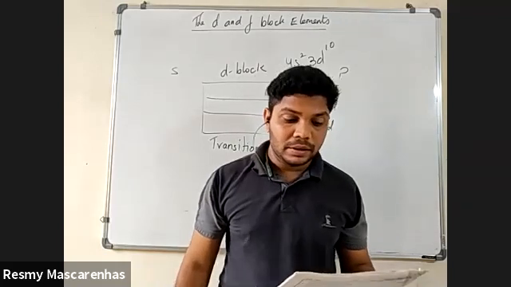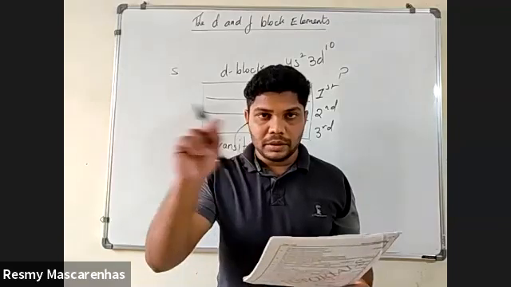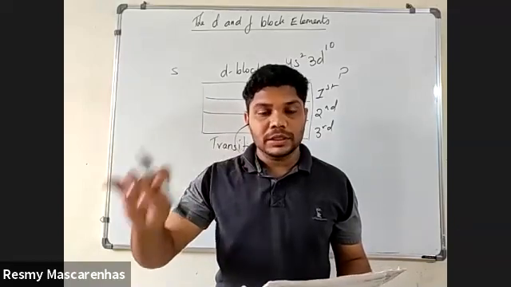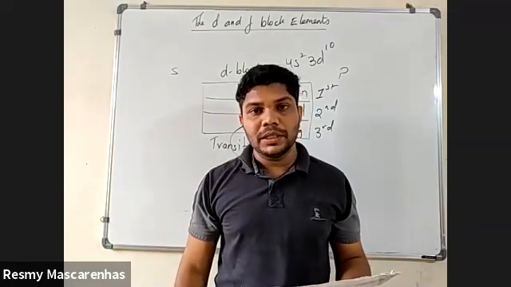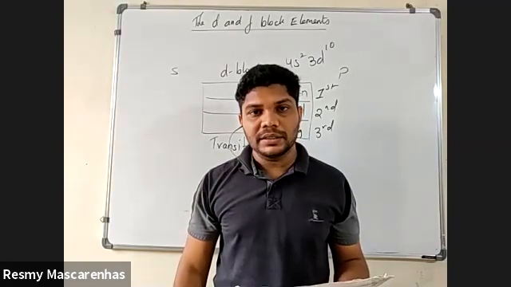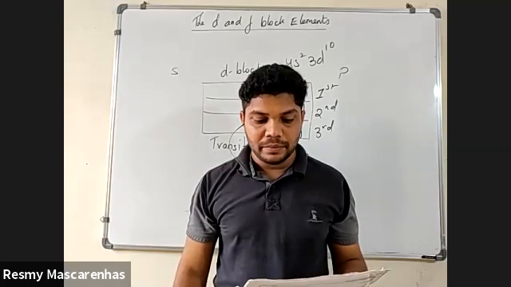And again you write, why? You need to tell which element and mention what the reason is. Which elements cannot be considered transition elements? Zinc, cadmium, and mercury are not considered. Please write down: zinc, cadmium, mercury.